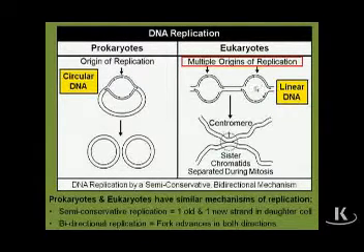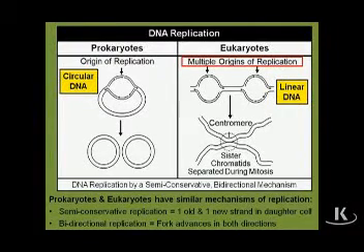Sometimes these origins of replication are called replication bubbles, because when you actually look at them under the electron microscope, under high enough magnification, they look like little bubbles of DNA that are opening. Because the eukaryotic genomes are so large, you need multiple origins of replication, otherwise you never get the complete genome duplicated. So, bacteria: single origin of replication; eukaryotes: multiple origins of replication.